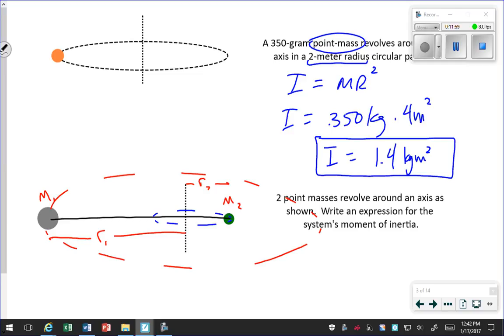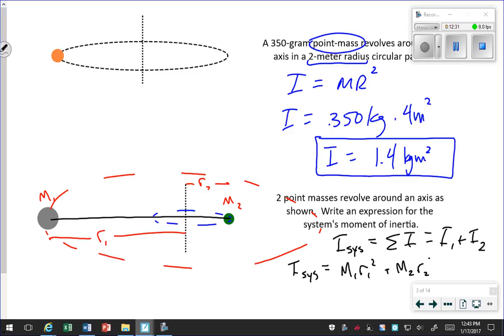Actually, doesn't matter. It's massless and it's not even really there. The system's moment of inertia, I system, equals the sum of all the moments of inertia. And so that's I1 plus I2, or m1 and m2. So I system is, well, we got m1 at r1 squared, and we have m2 at r2 squared. Duh-ish. Okay?